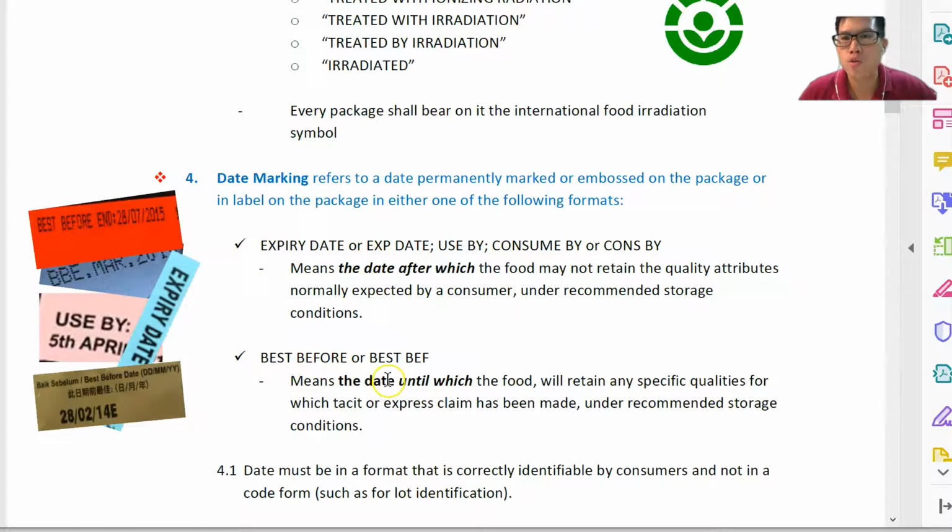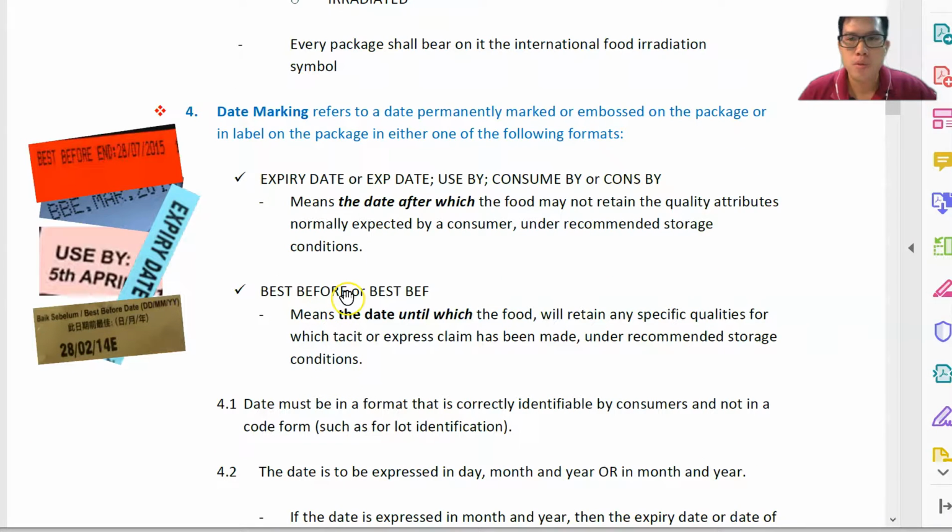Best before, you still can consume after the date. So these are two different things. For best before, usually the food is still safe to eat, but the taste and the color may have changed. But for expired, the food quality may not be good and not safe to be consumed.